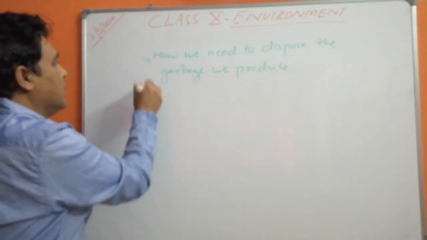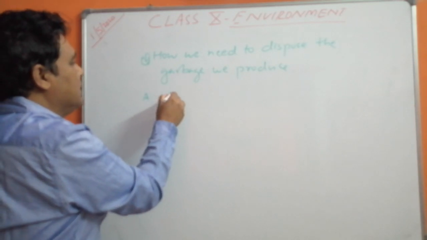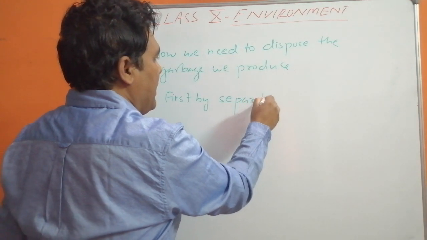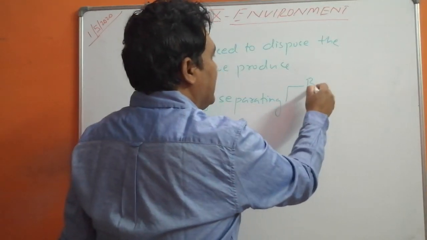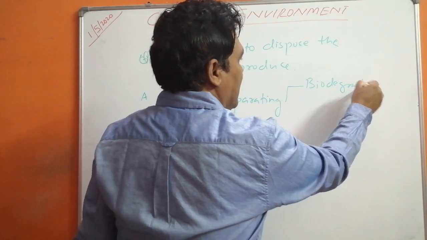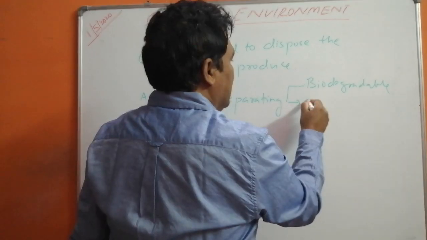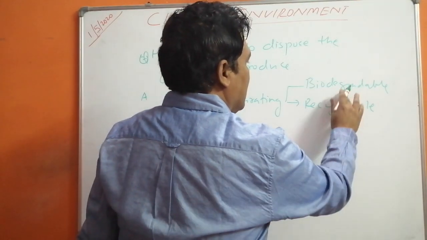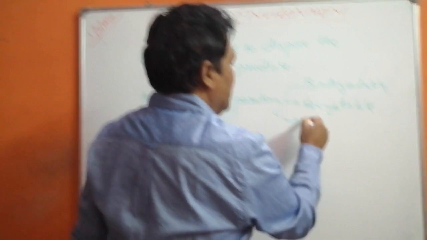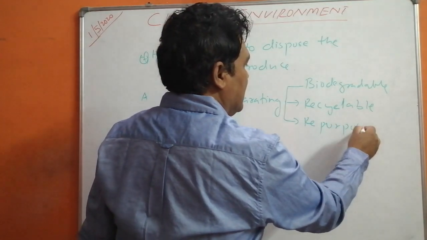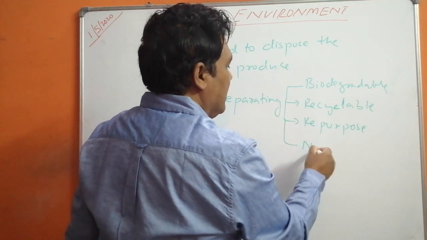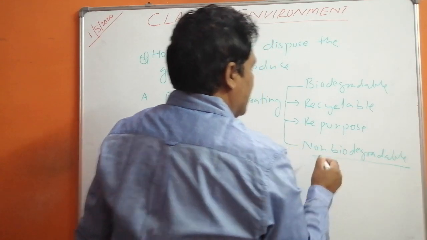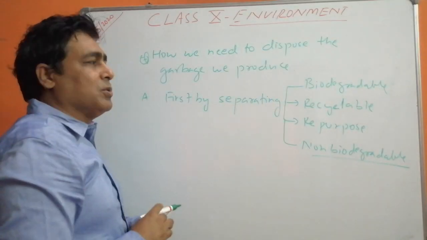The answer can be, first, by separating it into biodegradable, recyclable, repurpose and non-biodegradable substances. Then we can easily dispose of them.